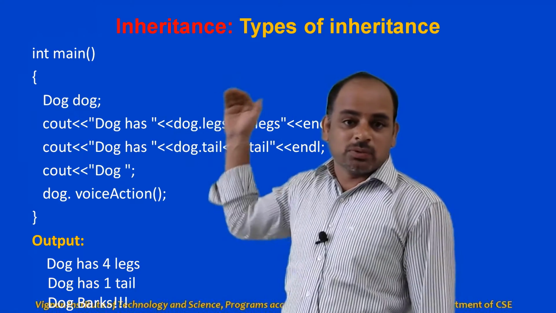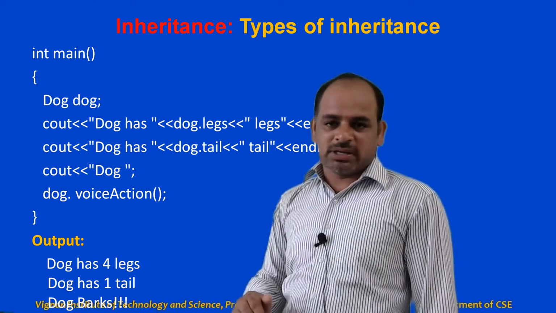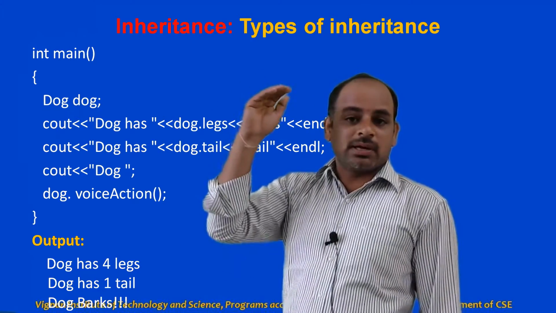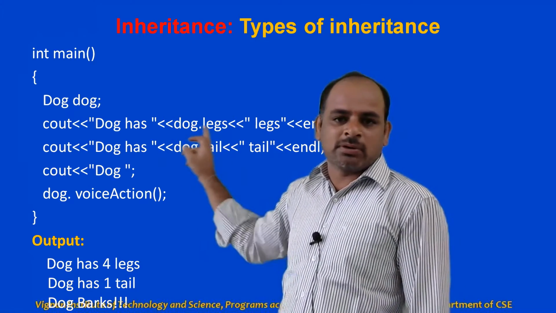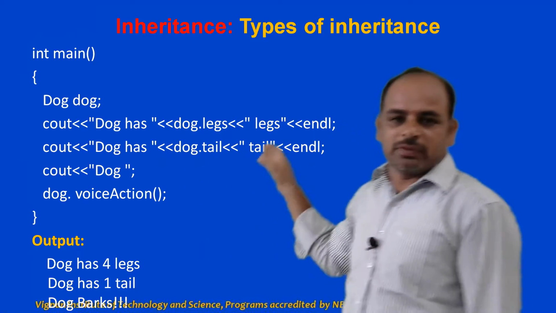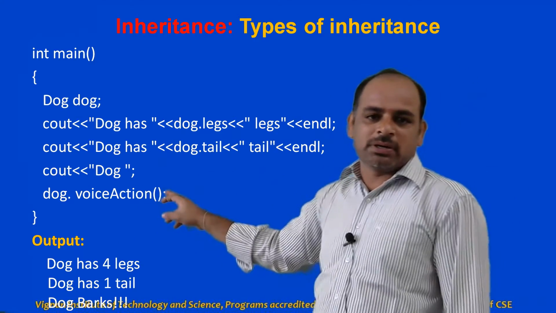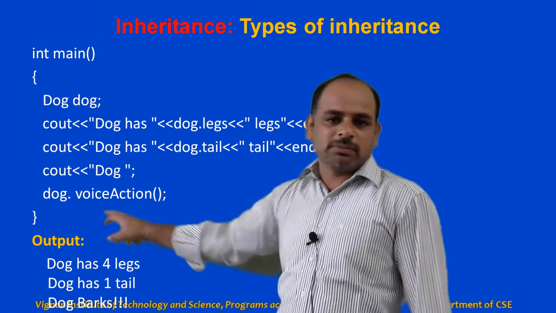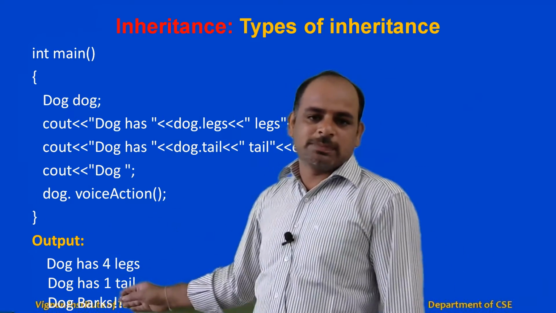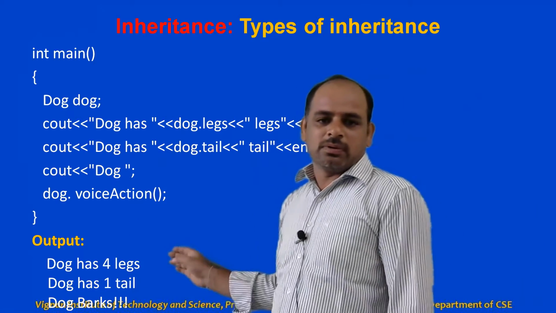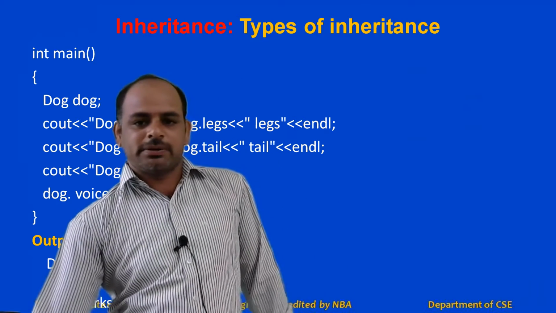Because the public members of the parent class become public members in the derived class, since the class dog is inherited in public mode, you can directly access dog.legs and dog.tail. This will display the values you have initialized, and the dog.voice action function will be called. This is a member of the derived class. You can access it directly using the dog object, which will display the message. So dog has 4 legs, one tail, and the message which is going to be displayed here.